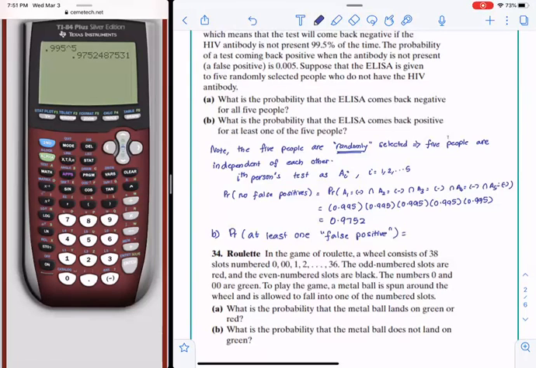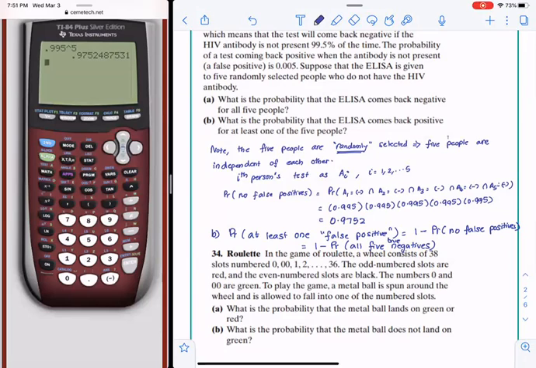At least 1 false positive would simply mean 1 minus the probability of no false positives. That simply would mean all 5 of them are true negatives. No false positives implies every single one of them was tested and they all happen to be true negatives.